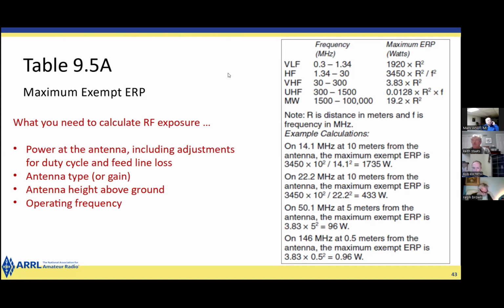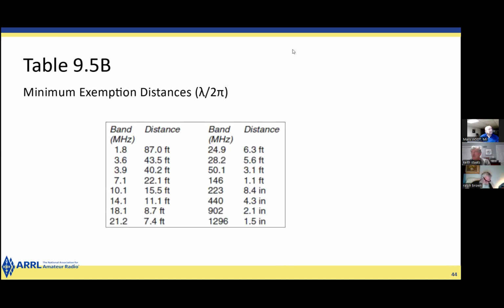So what do you need to calculate RF exposure? Power at the antenna includes adjustments for duty cycle and feed loss. You need the antenna type, the antenna height above ground, and the operating frequency. So you've got minimum exemption distances.